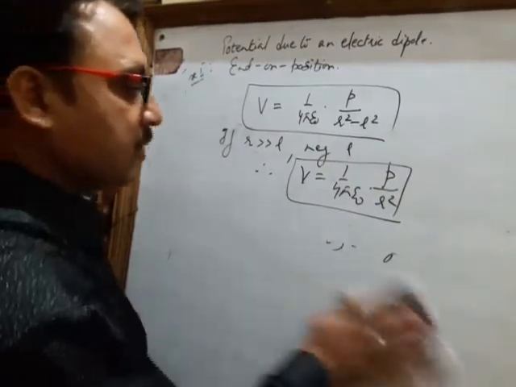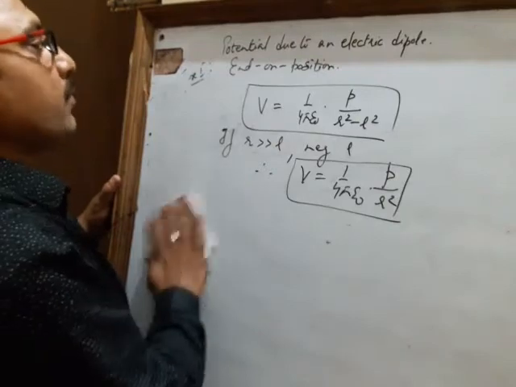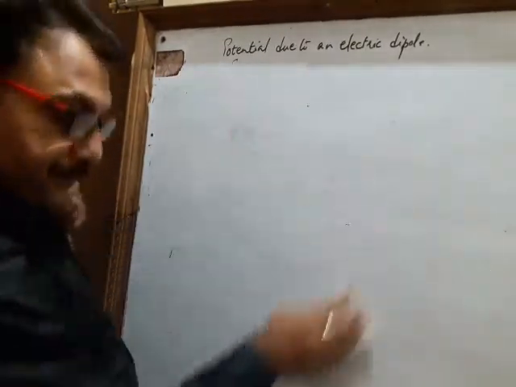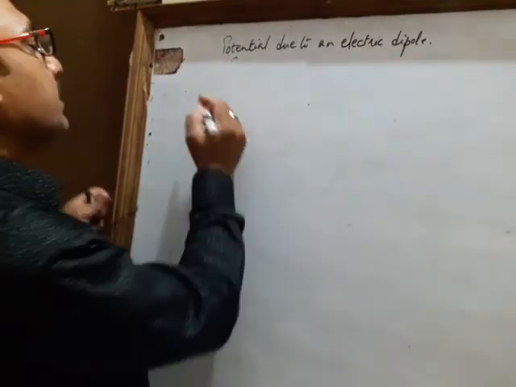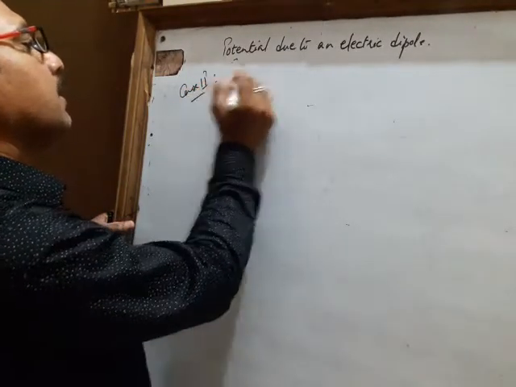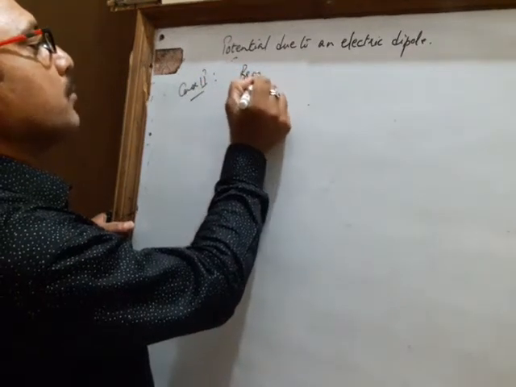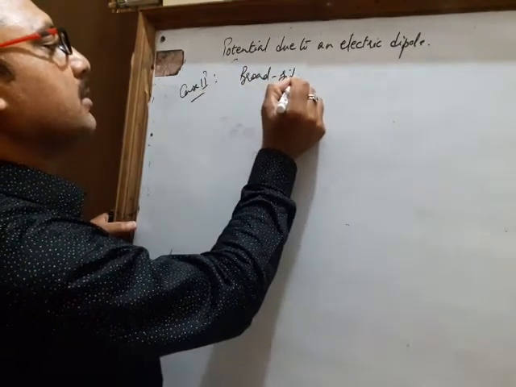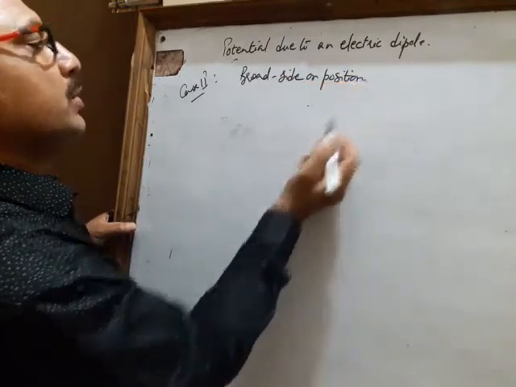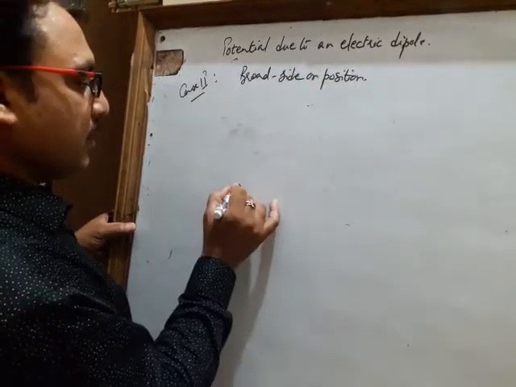So I hope students you have understood this. And now we come to case second. Case 2 is broadside on position. Means the equatorial line of the dipole.